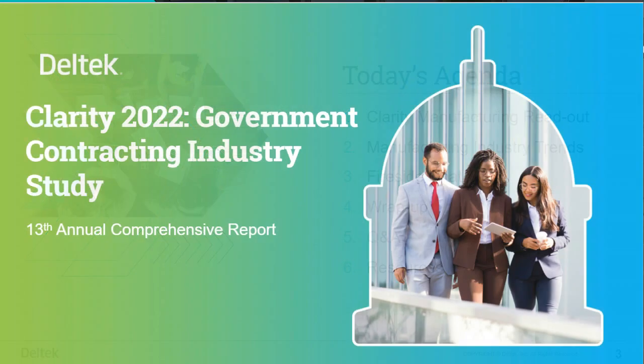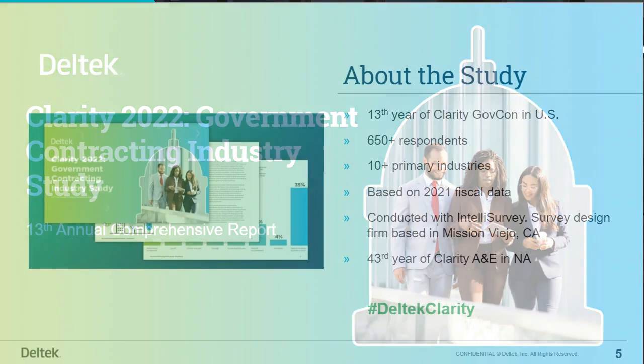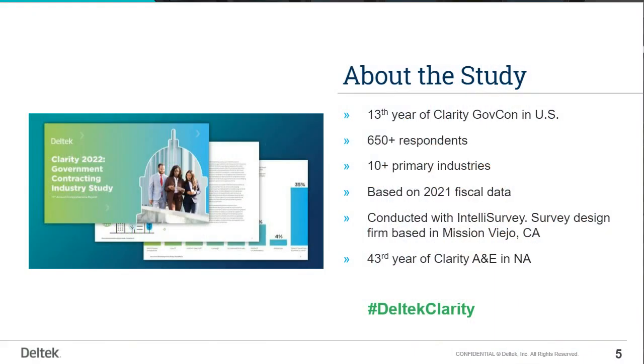Deltek's Clarity study is a report that interviews over 600 of your peers in the government contracting industry. The readout lets you know what topics are most important to your peers and how they're handling challenges within their industry. This is the 13th year that Deltek has done a GovCon Clarity study, but the Clarity study itself has been around for much longer than that.